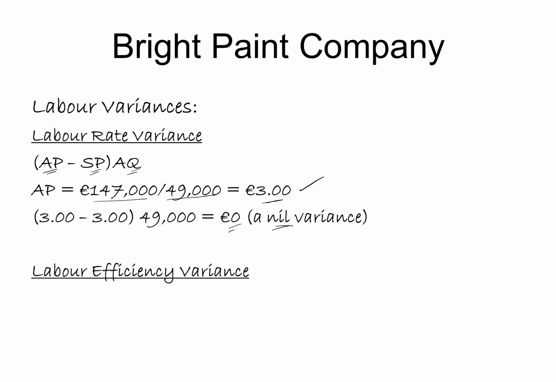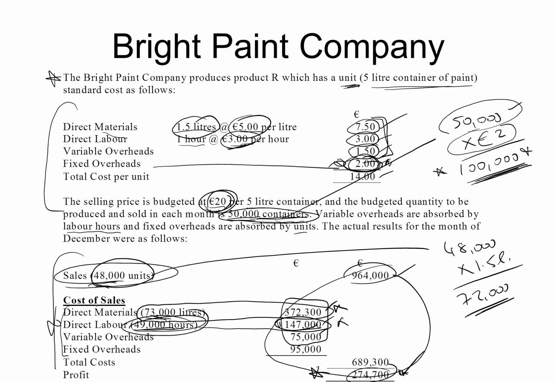So now we have the labour efficiency variance. How efficient were the workforce in doing the job that they actually did? So I'm going to compare the actual quantity, number of hours that they actually worked, with the hours that they should have worked, and I put the monetary terms at the standard price. So again, like the last one, I have the actual quantity, that's 49,000 hours. I have the standard price, that's €3 per hour. So the standard quantity, so can I have a look at the question?